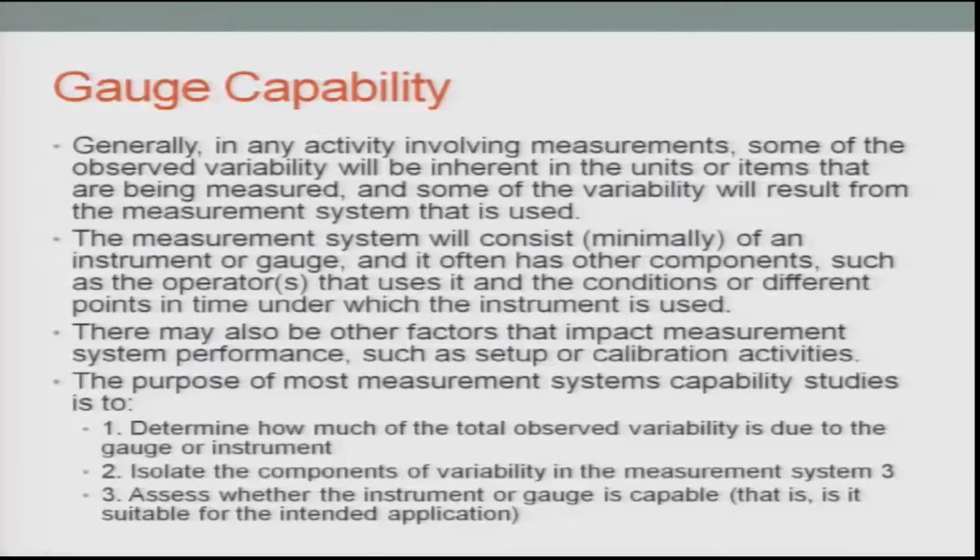There may also be other factors that impact measurement system performance, such as setup or calibration activities. The purpose of most measurement system capability studies is to: number 1, determine how much of the total observed variability is due to the gauge or the instrument being used; isolate the components of variability in the system; and assess whether the instrument or gauge is capable, that is, whether it is suitable for the intended work for which it is being utilized.